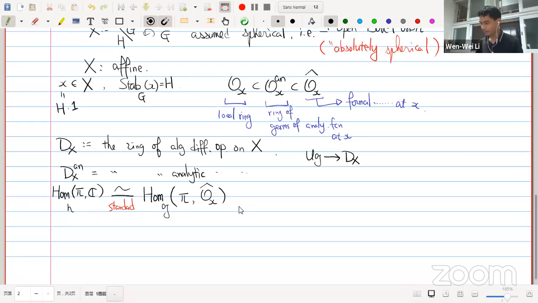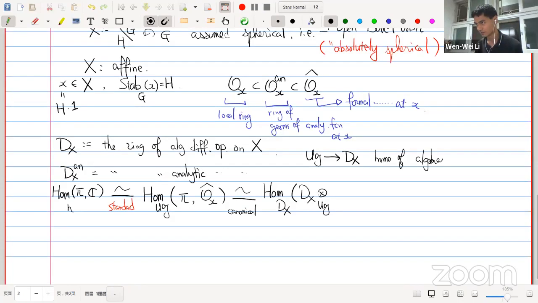And the second isomorphism is even more standard. It's just some basic homological algebra. You make a change of rings from U(g) to D_X, so you get D_X tensor over U(g) of pi, and here you get O_X.